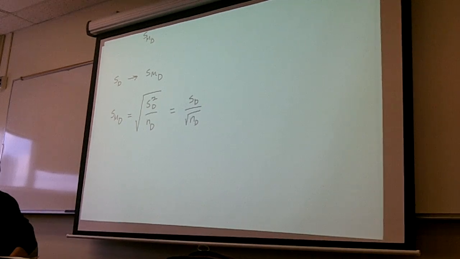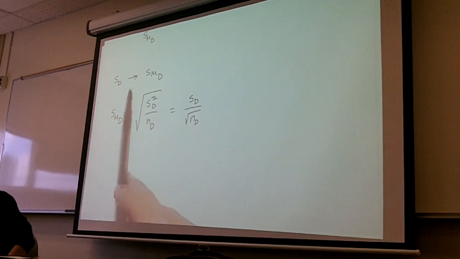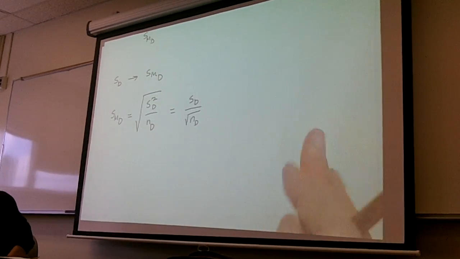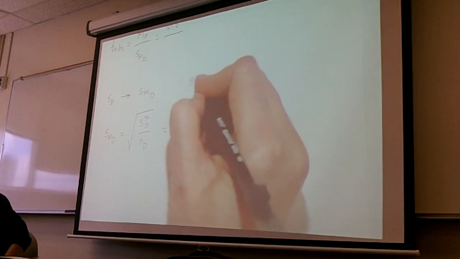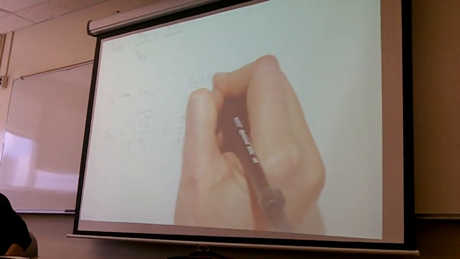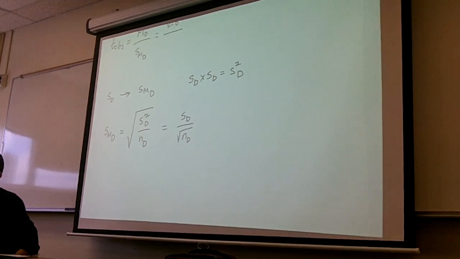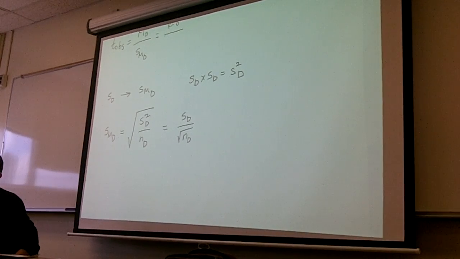Now, you can get to either one of those. If you've got the standard deviation, how do you get the sample variance? Just square it, right? If you do the standard deviation times the standard deviation, you get the sample variance. So you could do it that way if you want to.